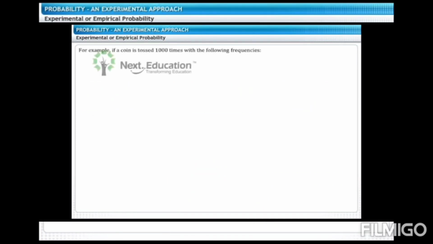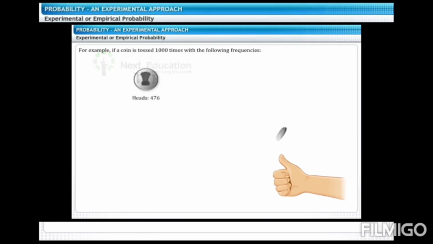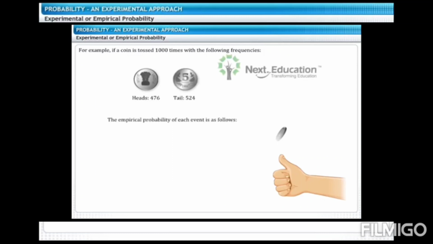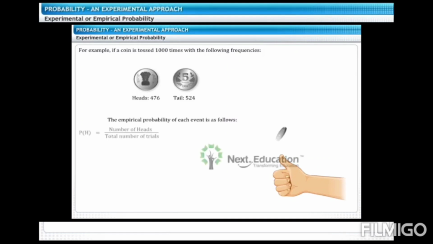For example, if a coin is tossed 1,000 times with the following frequencies, heads is equal to 476 and tails is equal to 524. The empirical probability of each event is calculated as shown here. The empirical probability of getting a head, or P of H, is equal to the number of heads divided by the total number of trials.